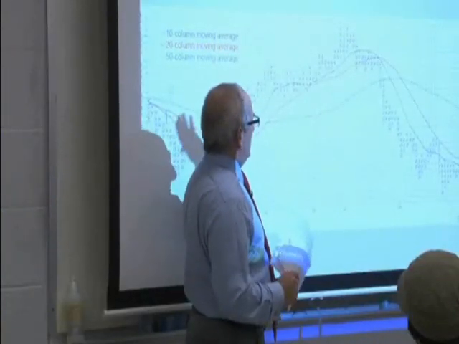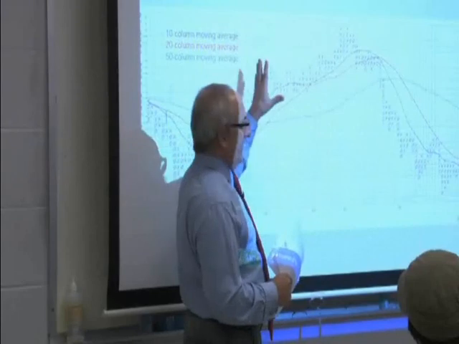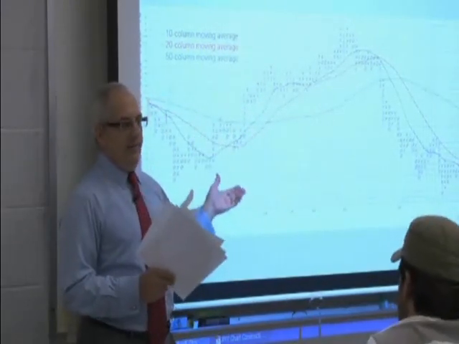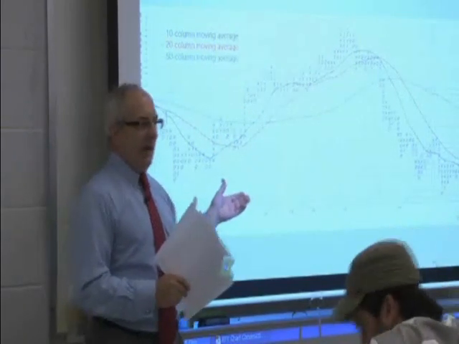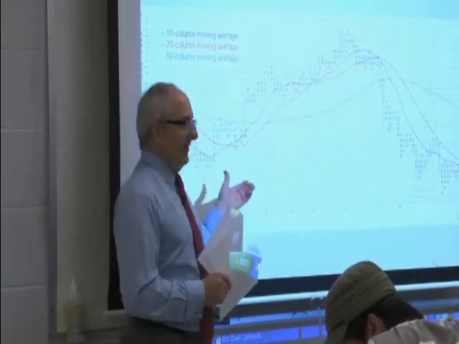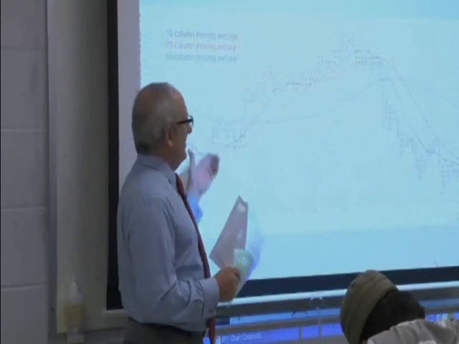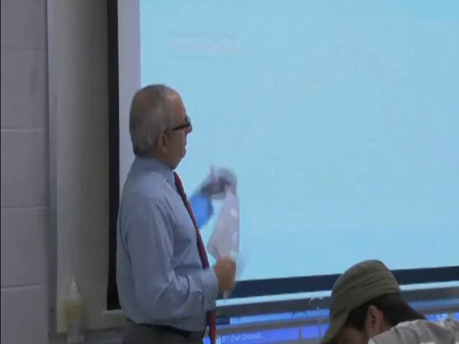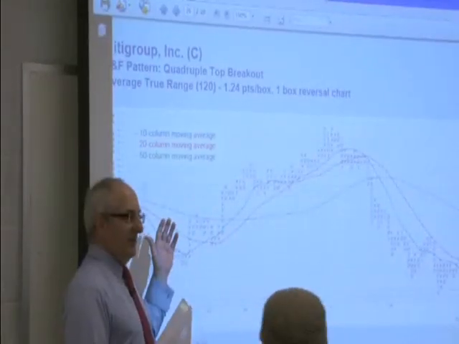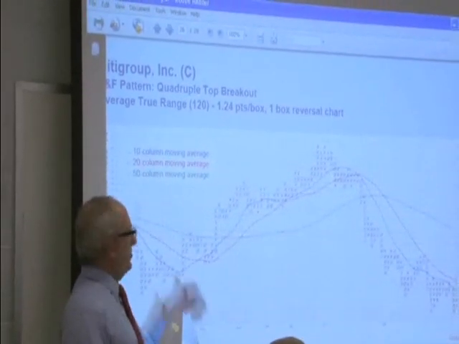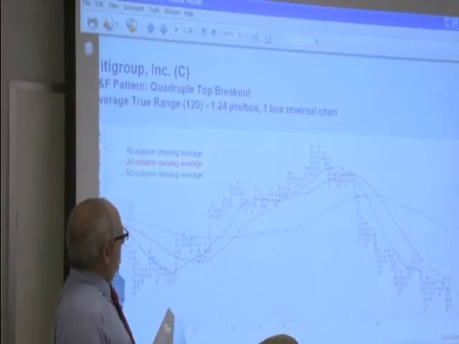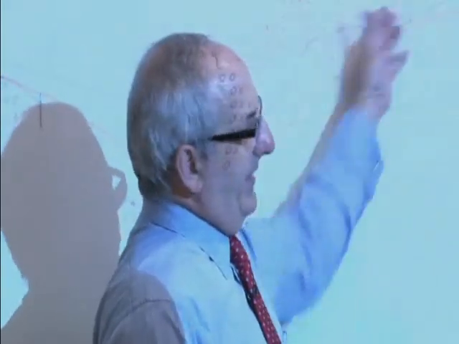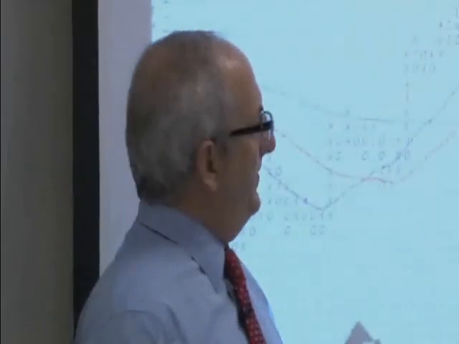So again, just your real basic rule: on bar charts, people use a 200-day moving average or a 40-week moving average. That's kind of the standard long-term line. Same idea, when you're above that, you want to be buying the dips. When you're below that, you want to be selling the rallies or reducing equity exposure when you're on the wrong side of the long-term line, and adding to equities on dips on the rising price side.